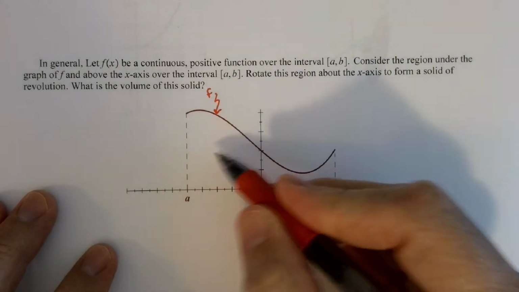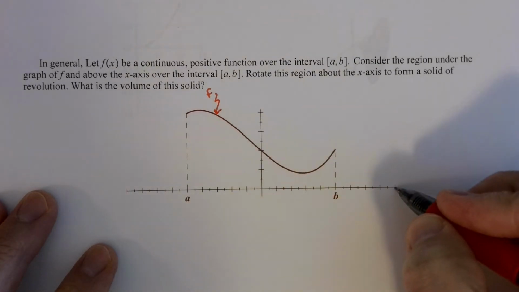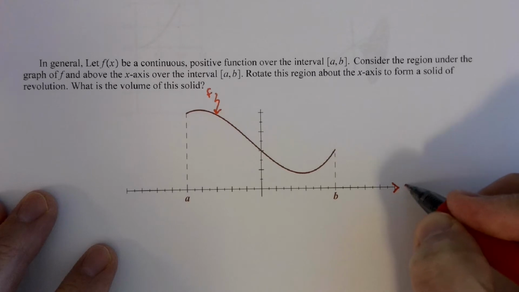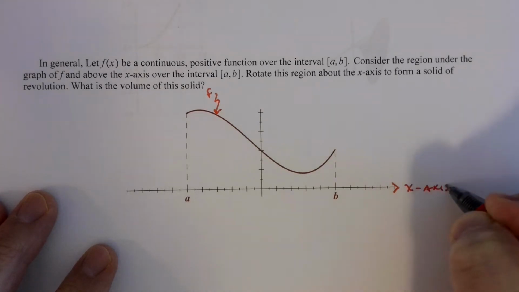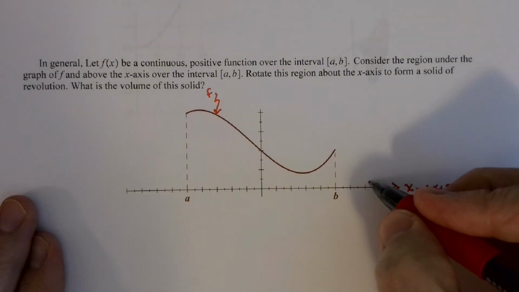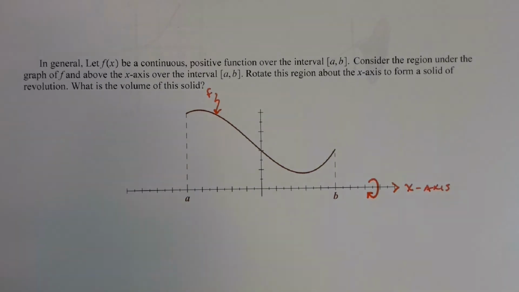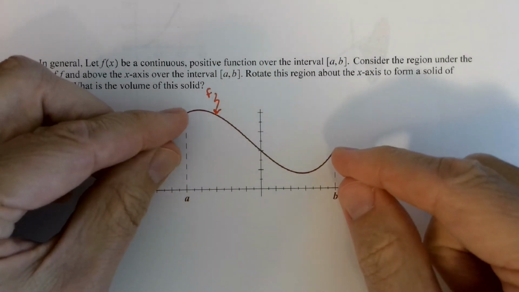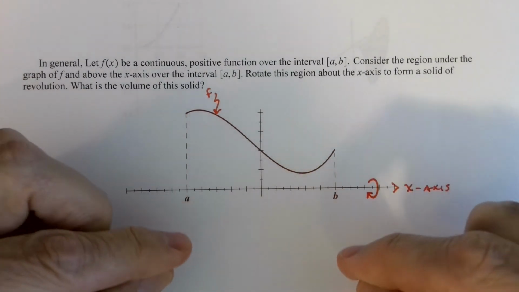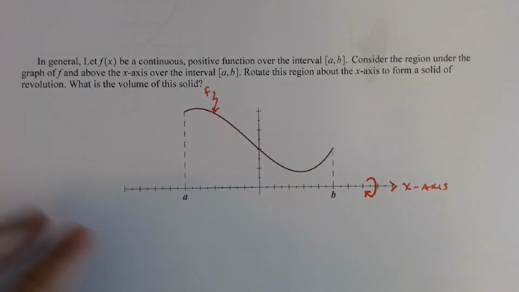I won't shade it in, but everything under the graph and above the x-axis here. So this is the x-axis here, we'll say. And we're going to rotate this region about the x-axis. That's how I indicate rotation. So this whole region is coming out towards us, right? Rotating around and going back into the page, and then rotating underneath and coming back out again.